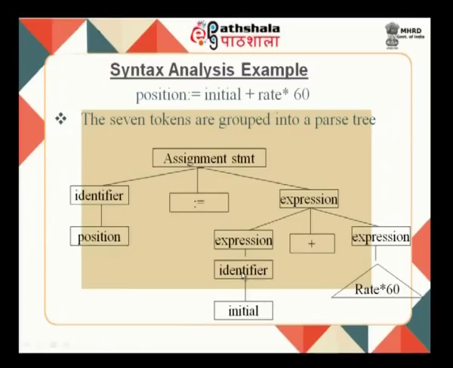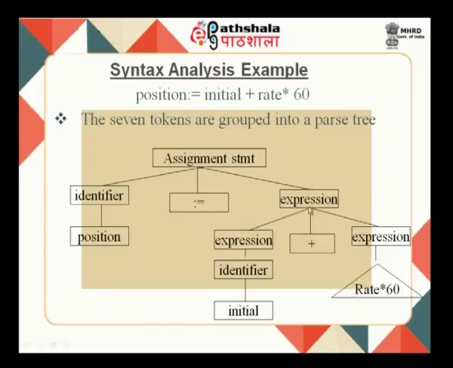So, in our example, expression here is nothing but E, this is the same E, okay. This E produces E plus T, this is T, T produces F, F produces initial. So, initial is my identifier here, again plus T. Now, this T is nothing but T star F, okay, T star F, where T again corresponds to F and then ID, ID is nothing but rate here, and this F corresponds to ID, where ID here is a constant.